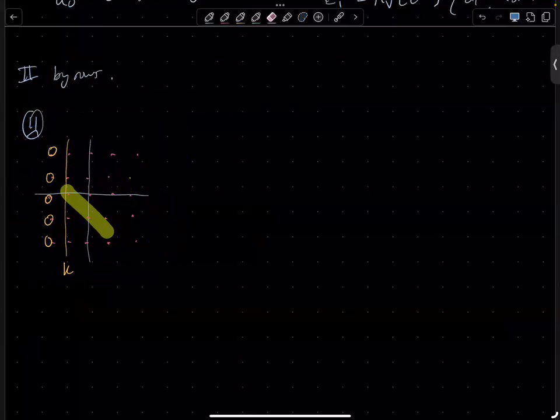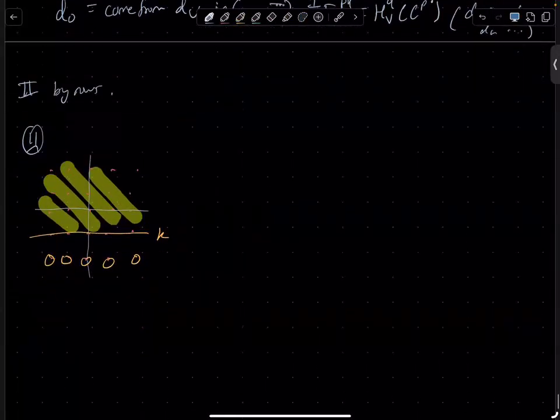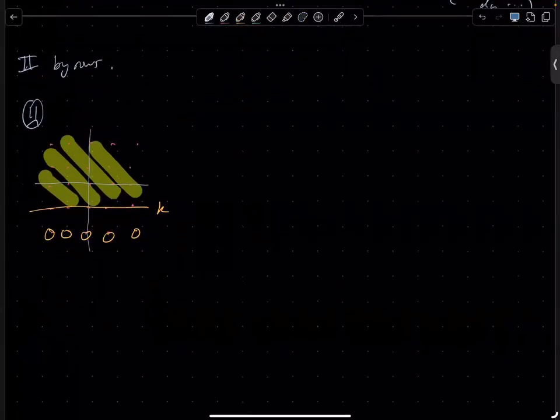And so here, now you do it by rows. So now I pick my K horizontally. So somewhere over here, and everywhere below it, I put 0. And then I take the total complex of this thing. So I'll just write down the relevant thing.